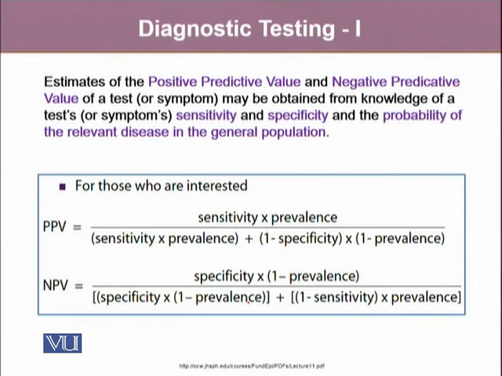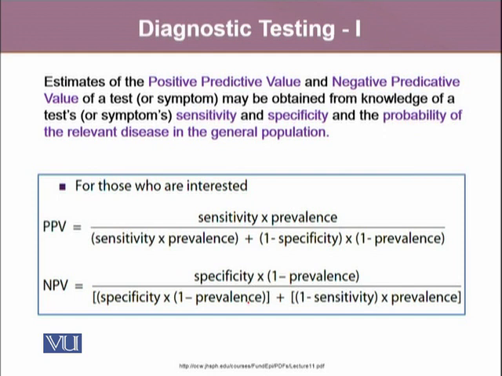Estimates of the positive predictive value and negative predictive value can also be obtained by having the knowledge of sensitivity and specificity and the probability of the relevant disease in the general population, which is called prevalence. We have formulas which involve all these measures like sensitivity, specificity, and prevalence.